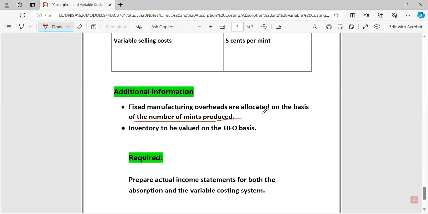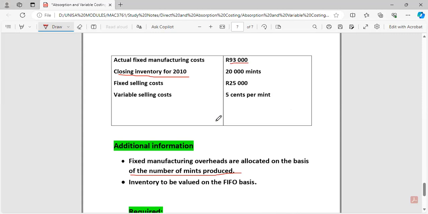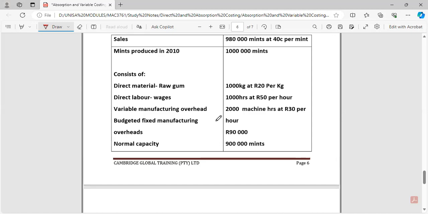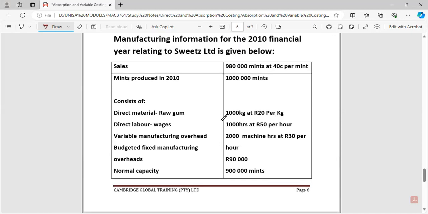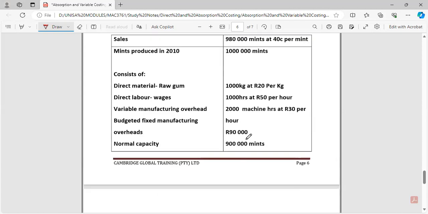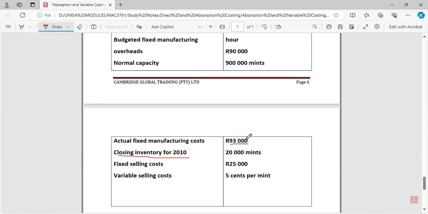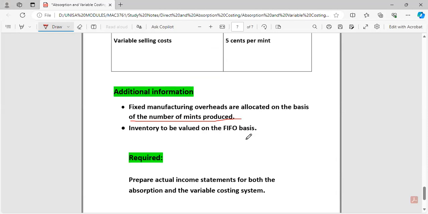Fixed manufacturing overheads are allocated on the basis of the number of means produced, which means your fixed manufacturing overhead rate is going to be determined by the number of means produced. So when we look at the number of means produced, we look at the budgeted.